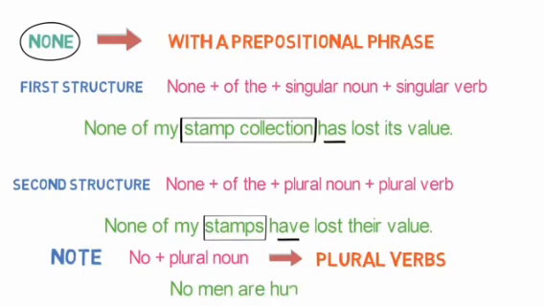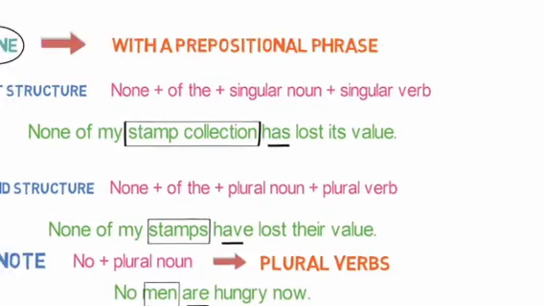Okay? But when none of is used with a plural noun, it takes a plural verb. None of the men are hungry now. Men is plural, so it takes a plural verb, are, in the sentence.